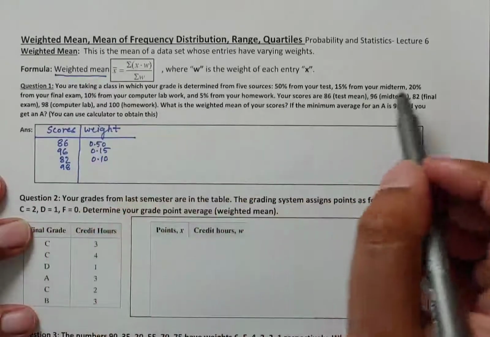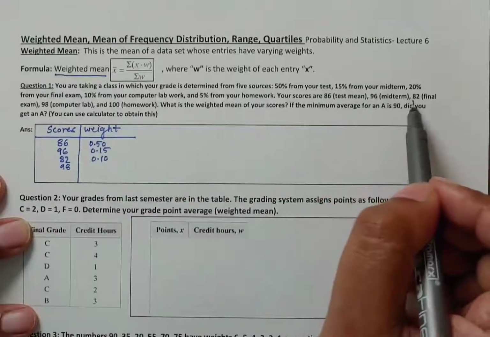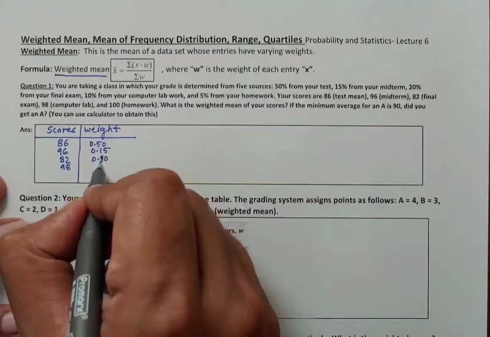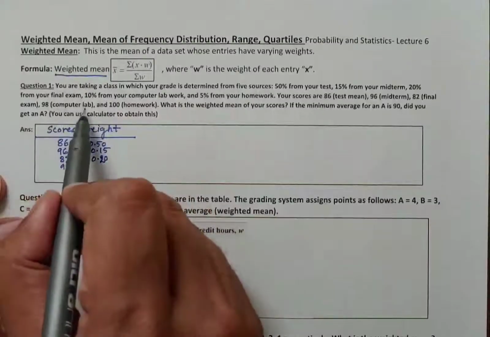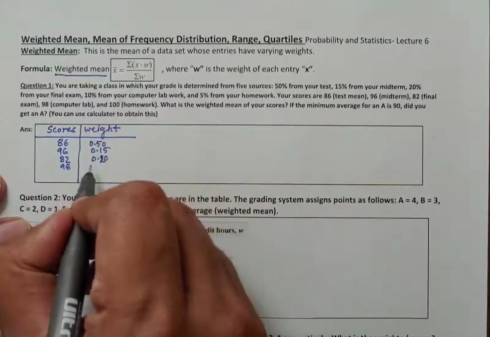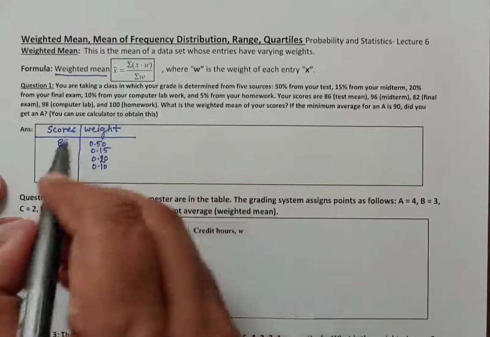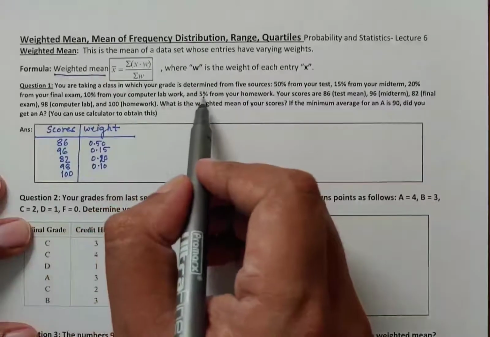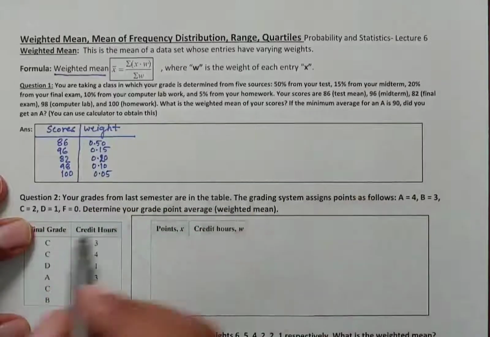Wait a minute, here it's 20% from the final exam, and we got 82 in the final exam, so that counts 20%, so this is 0.20. 98 is the computer lab, and computer lab counts 10%, so this is 0.10. And you got 100 in homework, and that counts 5%, so 0.05.